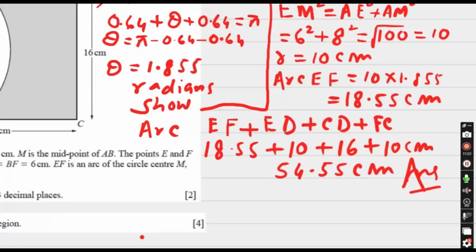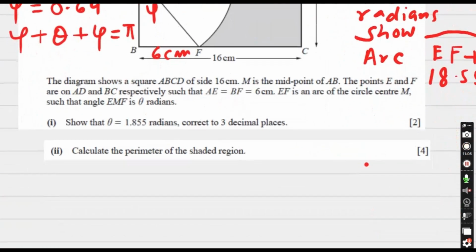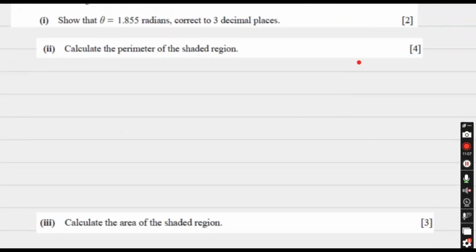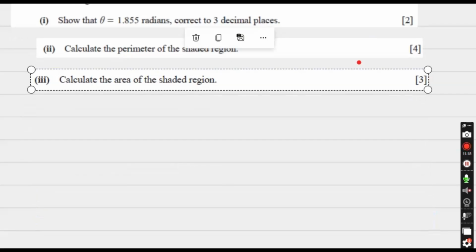Now we are going to find part 3. Calculate the area of the shaded part. Very easy.